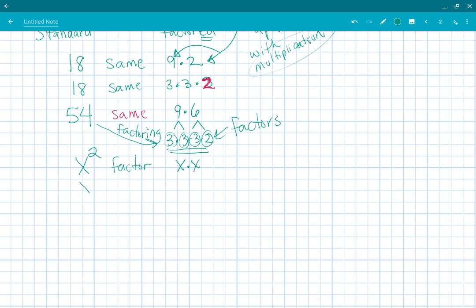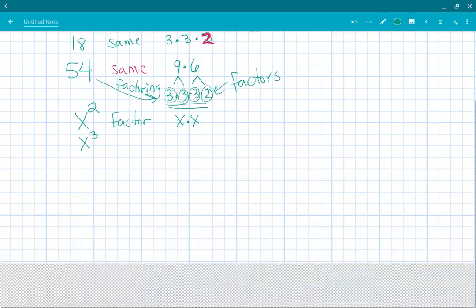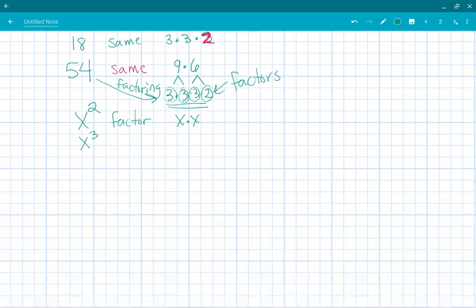What about this one? X times x times x. What about this one? And I think I went up to a really high level. Like, x times x plus 6, x plus 9?